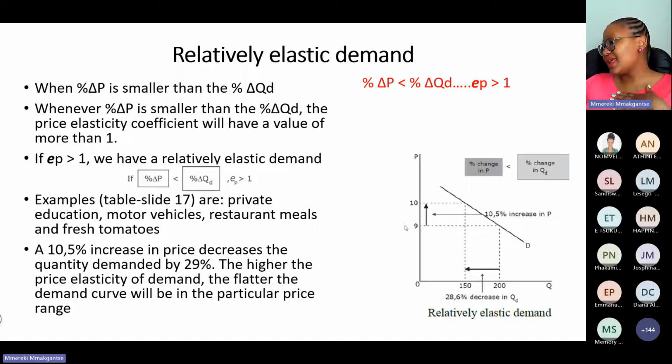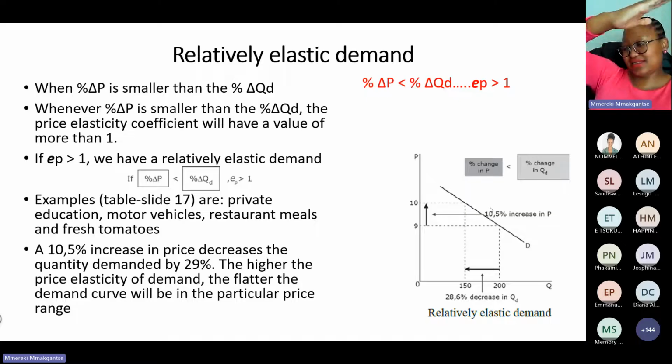Now we look at the graph. Remember that with relatively inelastic demand, our graph was steeper. But now when you look at this graph, it is flatter in comparison.